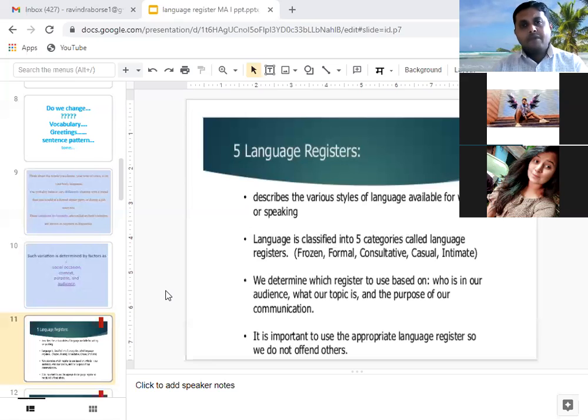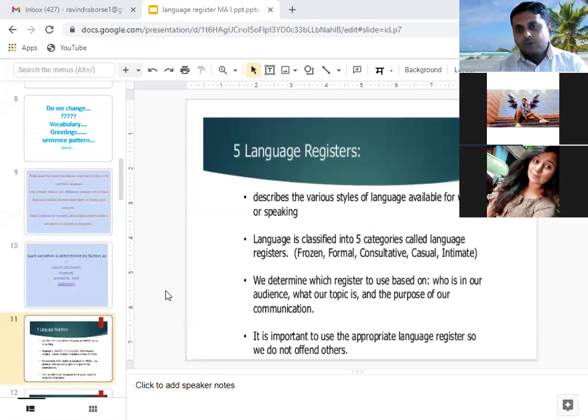The students among themselves have a different type of register, and if the students use the same register with the close friends, with the teachers, then what would happen? Problem would be there, isn't it? Right? So before going to have a conversation, these three things are very important. That is, who is our listener, what topic is there, and the purpose of our communication.